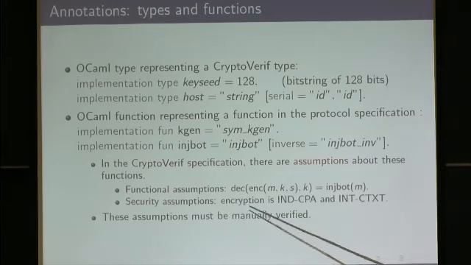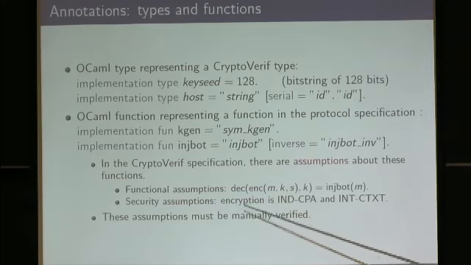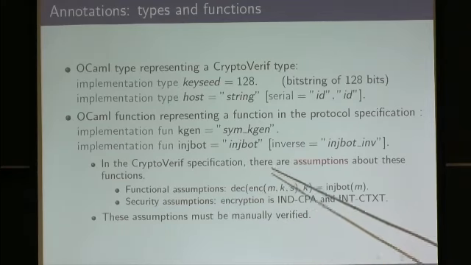And you specify that your encryption scheme is, for example, IND-CPA and INT-CTXT, so it satisfies ciphertext integrity. So you need to manually prove that your functions in OCaml satisfy these assumptions, probably from some computational assumption.